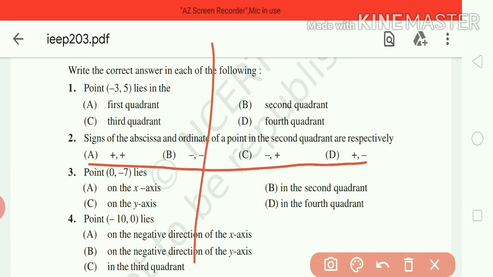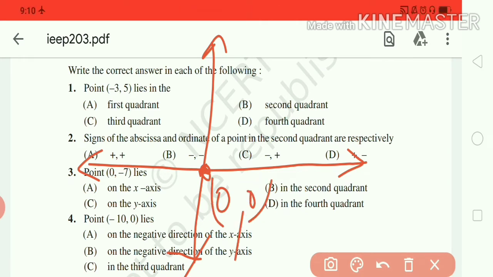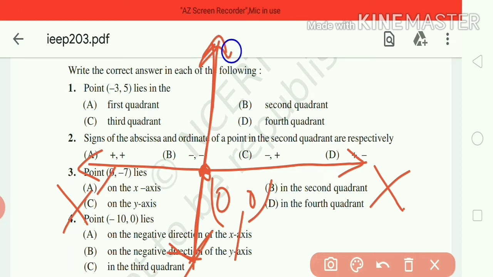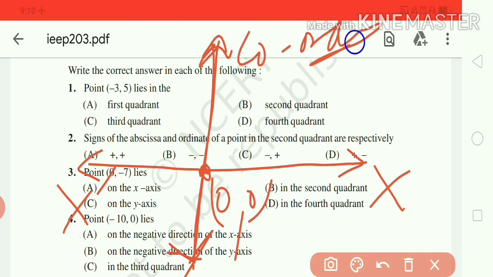You know this is the origin, where the real axis and the ordinate axis meet. Coordinates of the origin are (0, 0). This is the real axis, you can say x and x dash, and this is the ordinate axis, or you can say the coordinate axis, where the value of x is called abscissa.